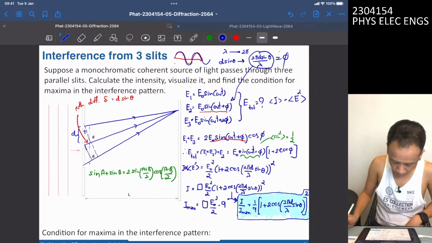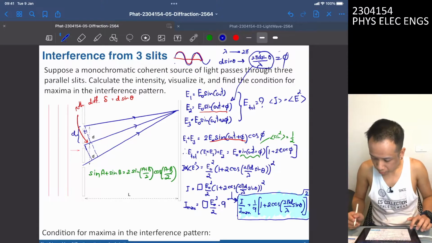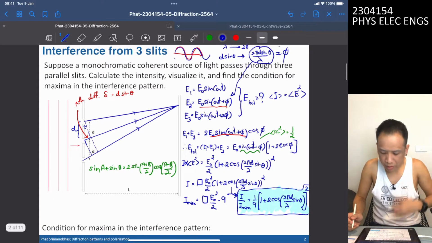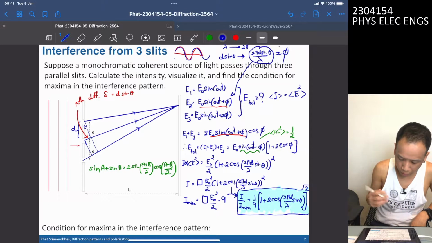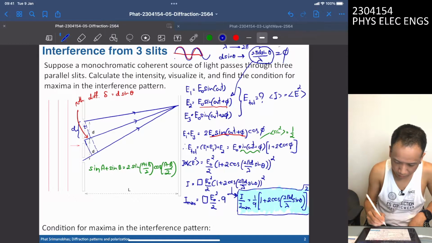Then what are the maximums in the pattern? You have to answer yourself: when are the maximums?